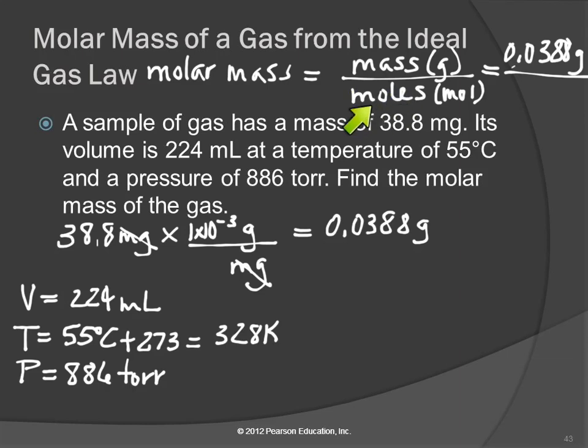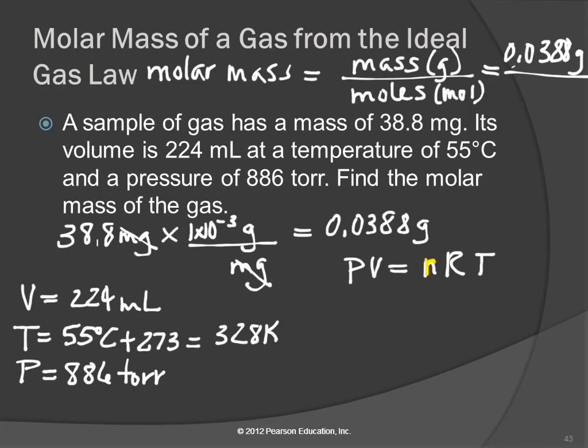What we're looking for, number of moles, is N, right? We're looking for N. We've got V, T, and P. What equation do we need? The ideal gas law, PV equals nRT. What are we solving for?